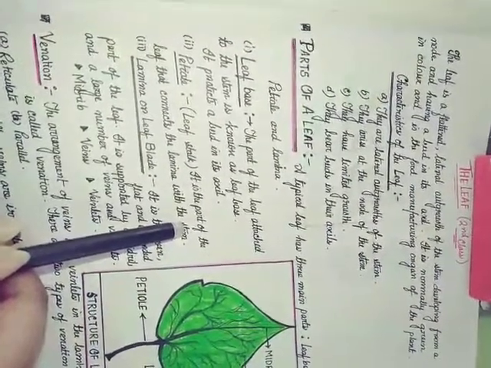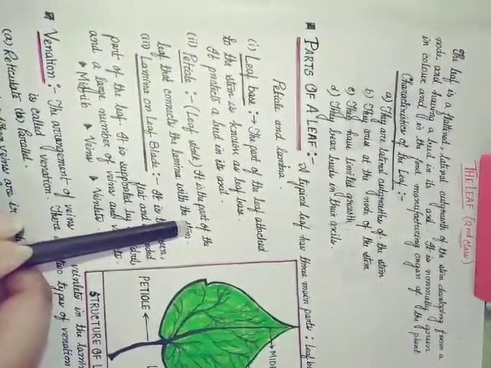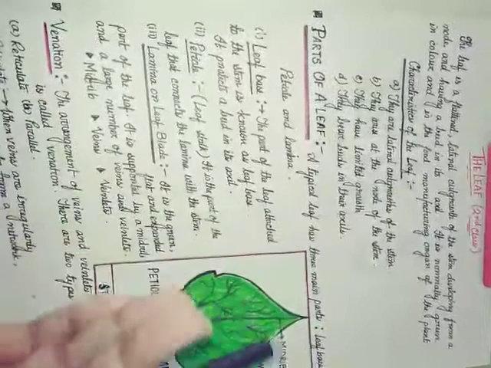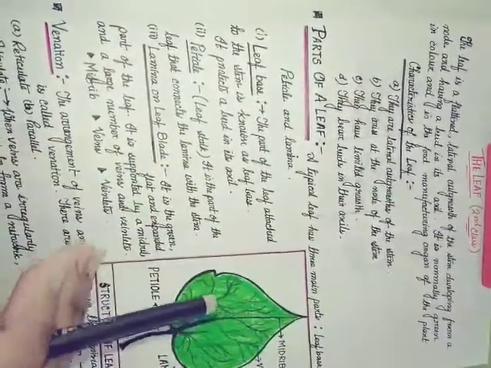Why is their petiole spongy? It helps the water plants to float properly in the water.